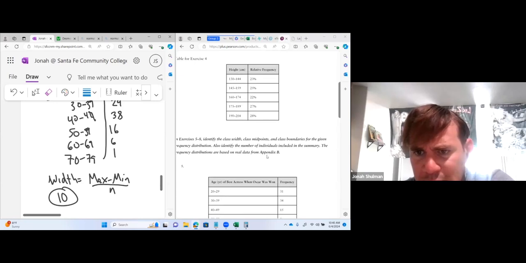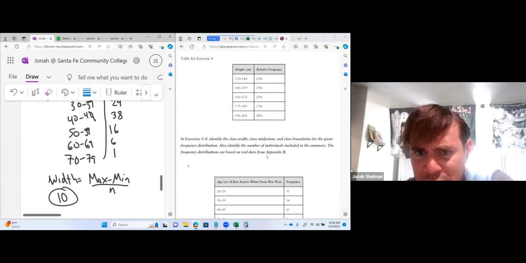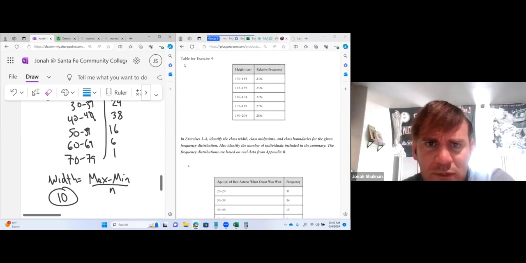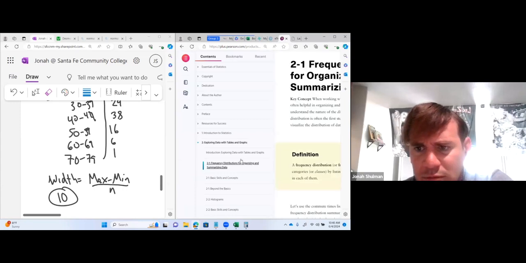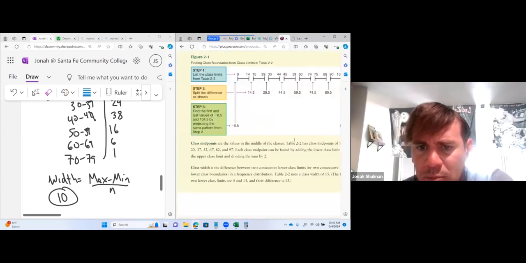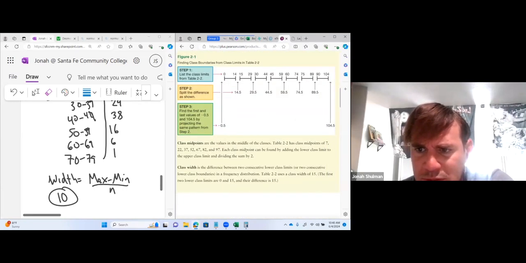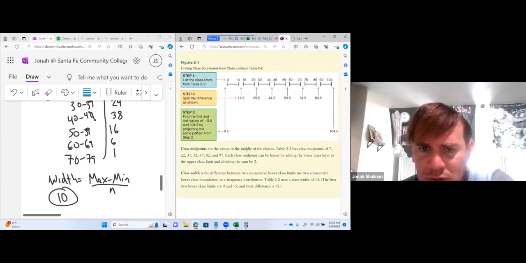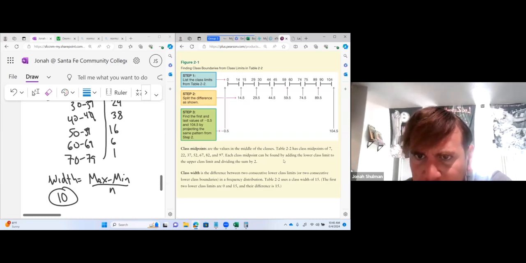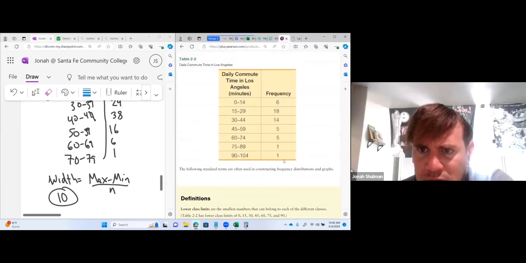All right, let's see what else we've got to do. The class midpoints and the class boundaries for the frequency distribution. I kind of forgot those, so I'm going to have to look back. It's okay. We need the boundaries and the midpoints. We did the midpoints: the values in the middle of the classes. Table 2-2 has midpoints of 7 because halfway between 0 and 14 is 7.